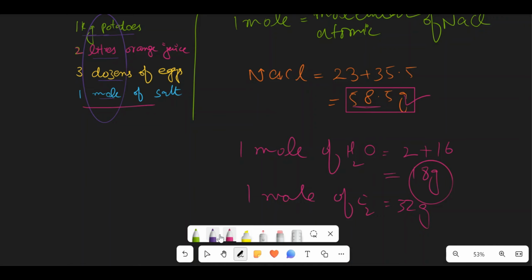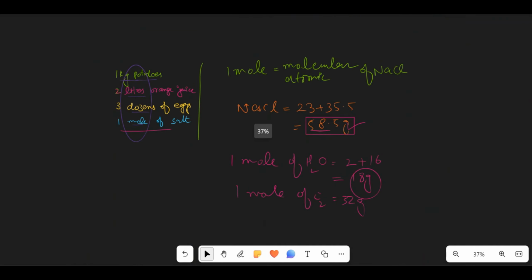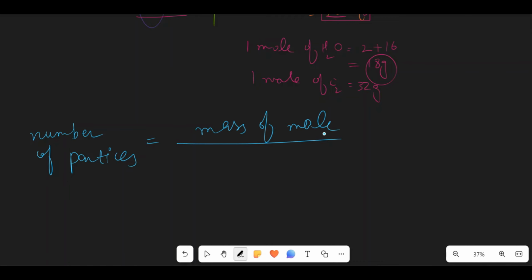Now if we talk about how many particles are there in 1 mole of a particular compound, we have a formula for the number of particles, which is equal to the mass of 1 mole divided by the molar mass of that particular compound.